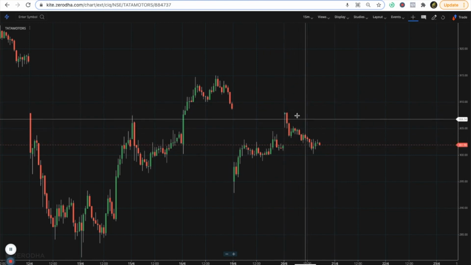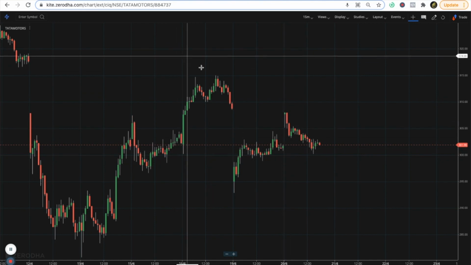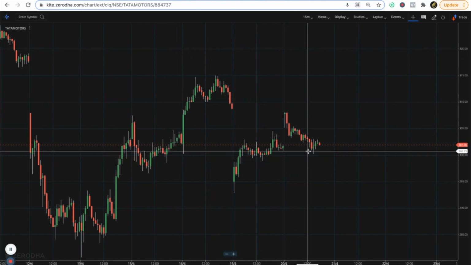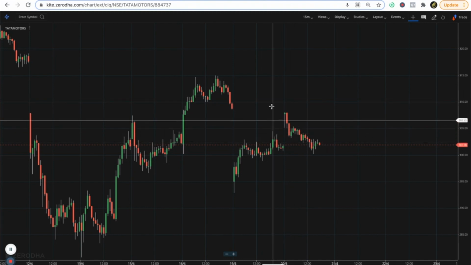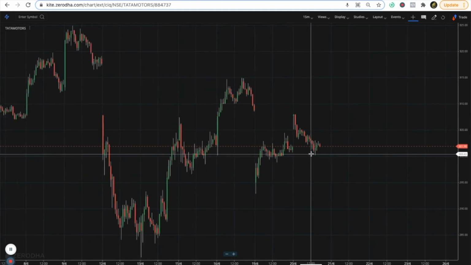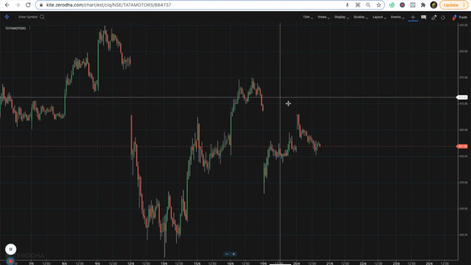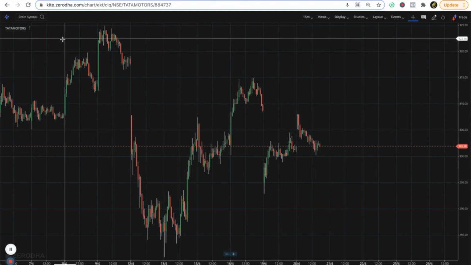So my question to you is, which would be better? Checking out for a short opportunity on a stock that is in a bearish sentiment in the 1 day time frame, the 1 hour time frame and the 15 minute time frame, or a stock that is showing a bearish sentiment only in the 15 minutes? It will be better to check for short opportunities where the broader term trend is also on the downside. That is ICICI Bank.